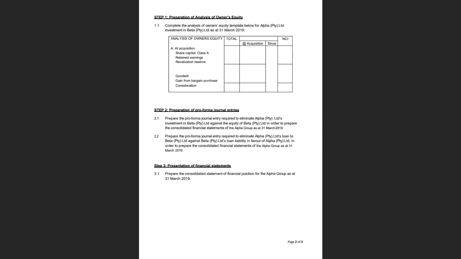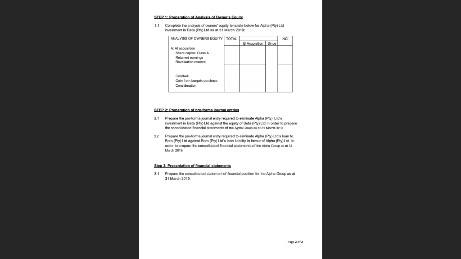Step 2 would be to prepare the pro forma journal entries. So here we need to prepare the pro forma journal entries required to eliminate Alpha's investment in Beta against the equity of Beta. So we basically want to prepare the consolidated financial statements so we know what we need to ask ourselves, what pro forma journal entries are required to do this.